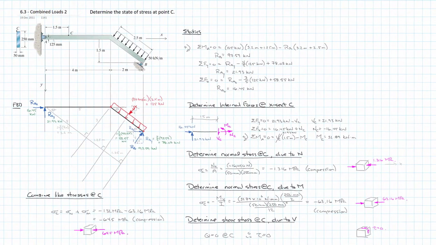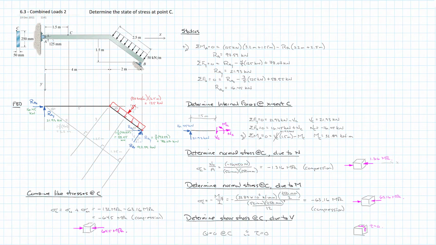So we have stresses resulting from the bending moment. We have stresses resulting from a normal stress because of the orientation of the loads. Potentially we would have had a shear stress, except we were at that extreme fiber, so we considered it, but we determined that it was going to be equal to zero. And then we went through the process of combining like stresses on the same face.